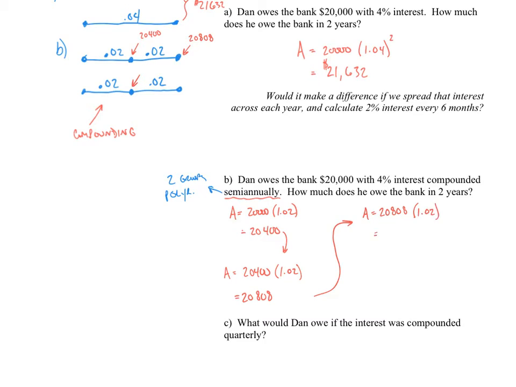This time we end up with $21,224.16. And so then finally we go to the end of the second year. $21,224.16 plus 2% of that gives us $21,648.64.